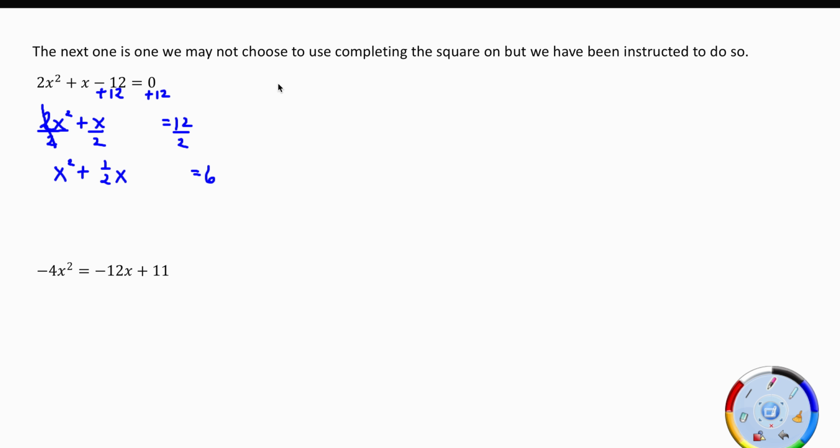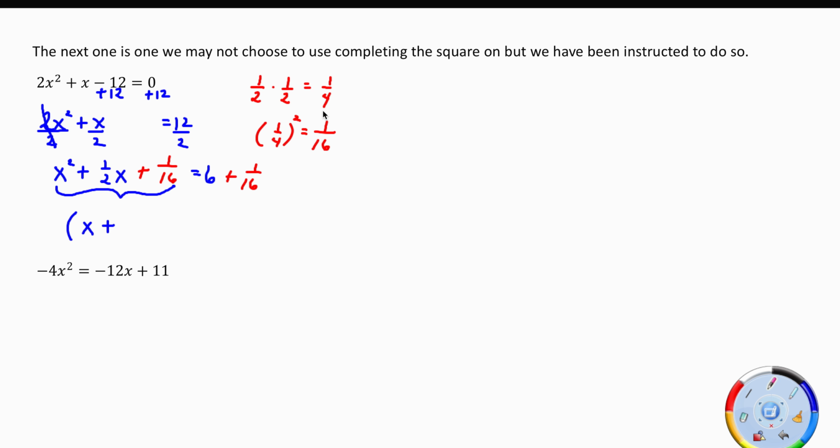Now, after the leading coefficient is 1, I'm going to take half of this middle term. Half of a half is 1/4, and square it. That's the number I'm going to add to both sides. Okay, now this is a perfect square trinomial, and I know how it factors. I'm going to use this sign and this first number we came up with, all squared.